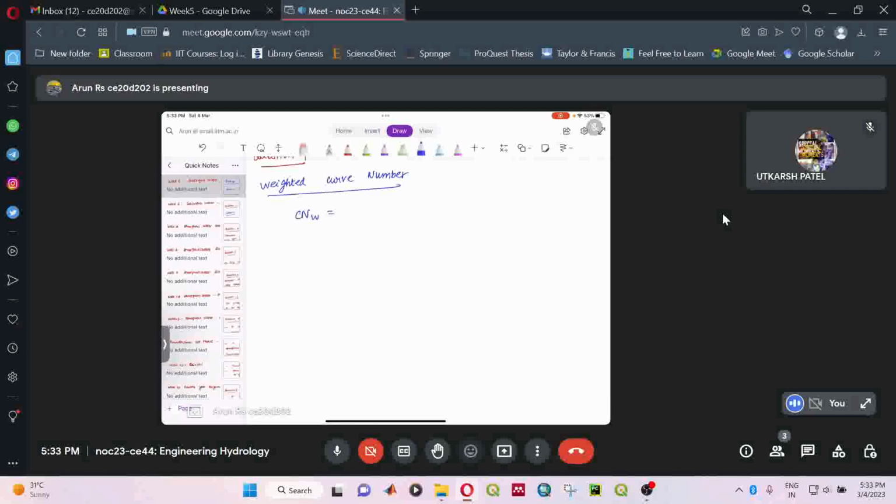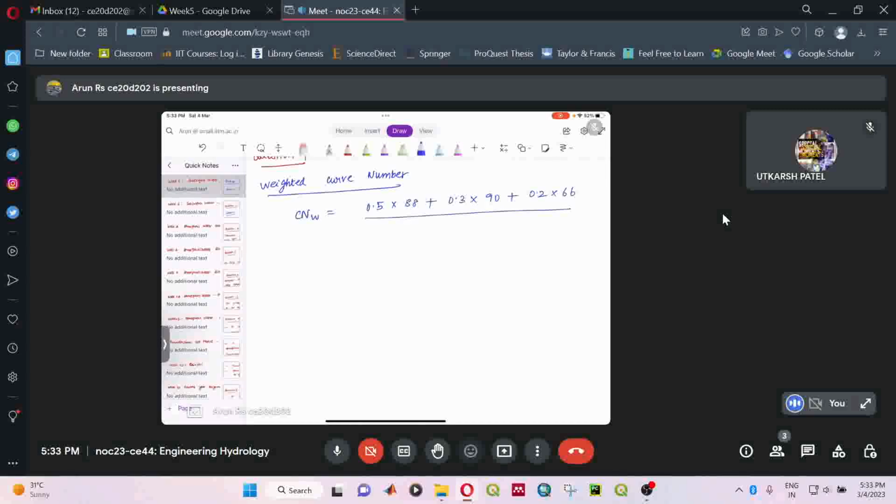So CN weighted is equal to 50% of the area, so I'm writing it as 0.5, has a curve number of 88, plus 30% of the area has curve number of 90, plus the remaining area has a curve number of 66.